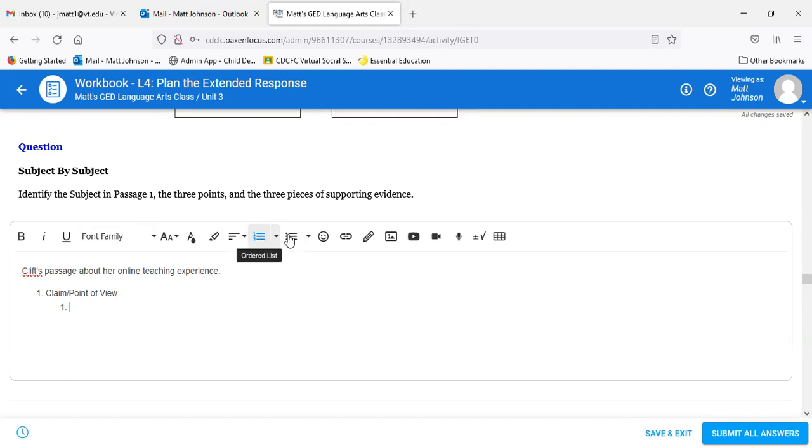You know what? I want to make a mess of this. I'm going to start over and just use the bullet points instead of numbered, because I thought it would go to a letter instead of that. So Cliff's point of view, claim.